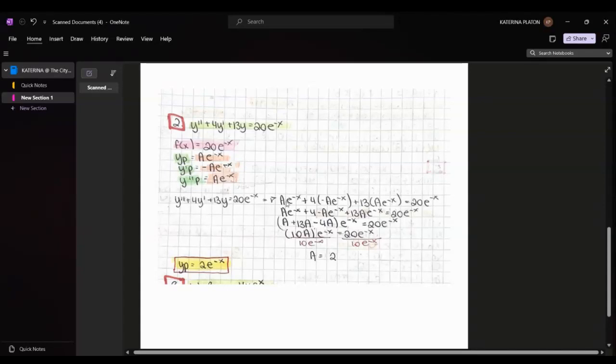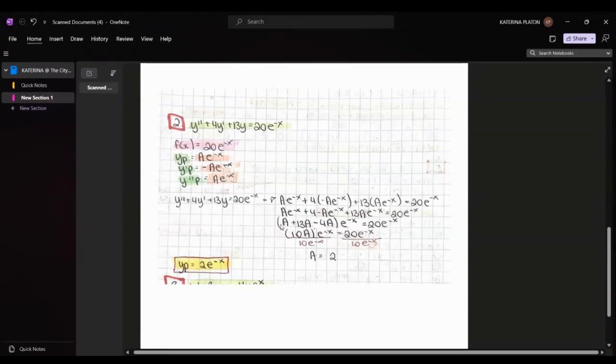So I plug that in, and we get this equation. I distributed the 4 and the 13, which gives us a e to the power of negative x plus 4 times negative a e to the power of negative x plus 13a e to the power of negative x equals 20 e to the power of negative x.